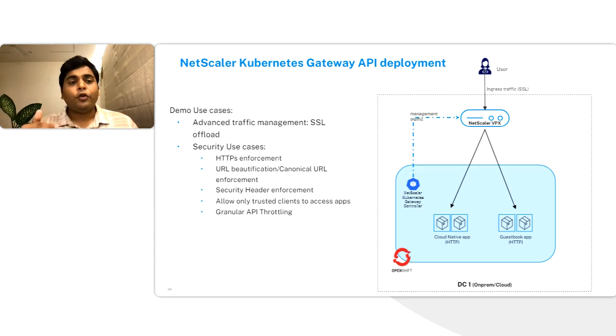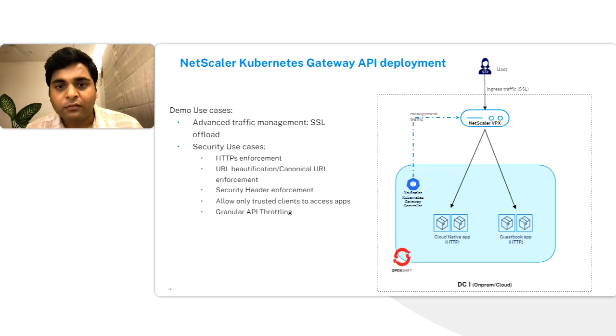Again, if you want to add some security or compliance headers, how shall we do that? This is followed by two more use cases associated with NetScaler rate limiting and NetScaler responder policy, which allow only trusted clients to access the application, and granular API throttling. So let's go into the demo and see all this in the real world.